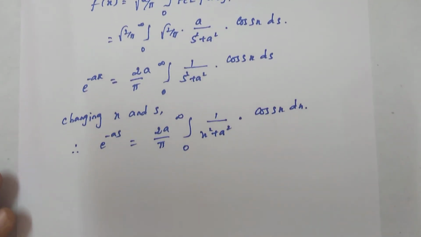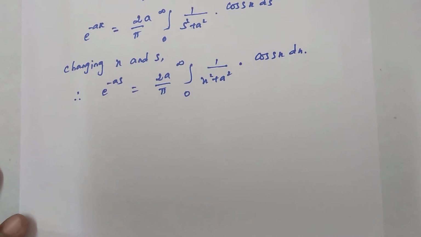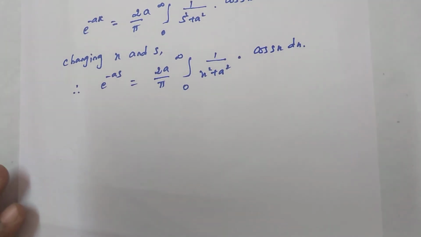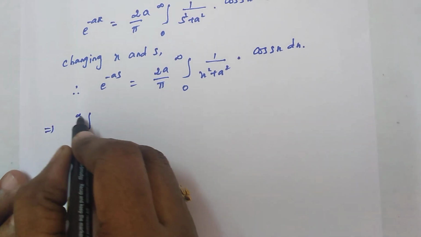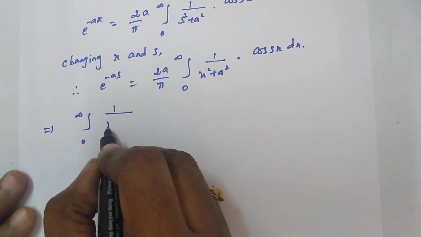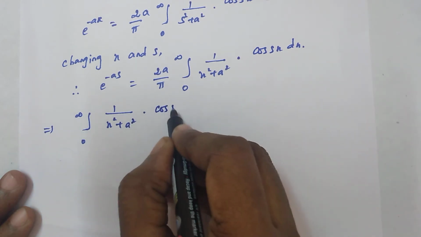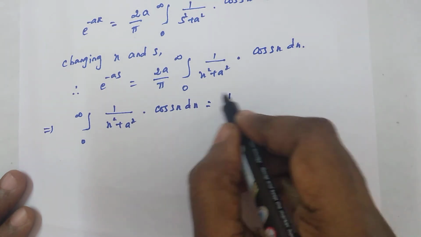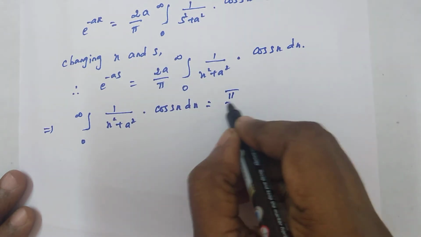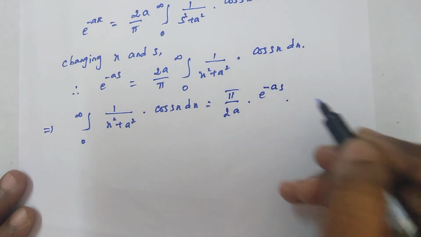Now look at the question. Question we have to find out 1 by x square plus a square. So now we will take the integration to the left hand side, which implies integral 0 to infinity 1 by x square plus a square into cos sx dx equal to, we will multiply this pi by 2a into e power minus as.